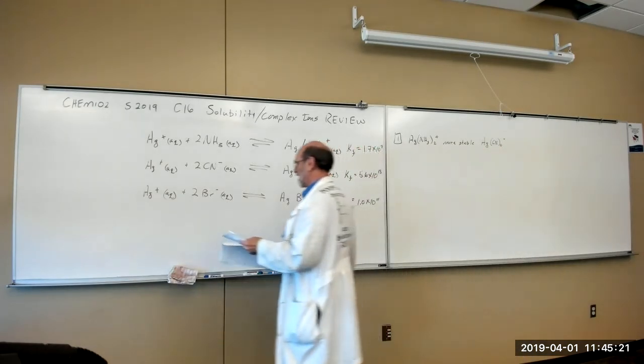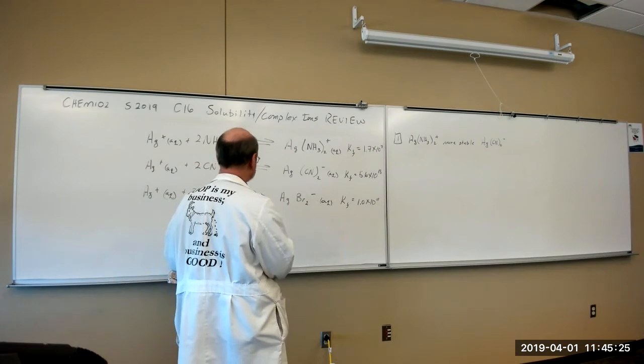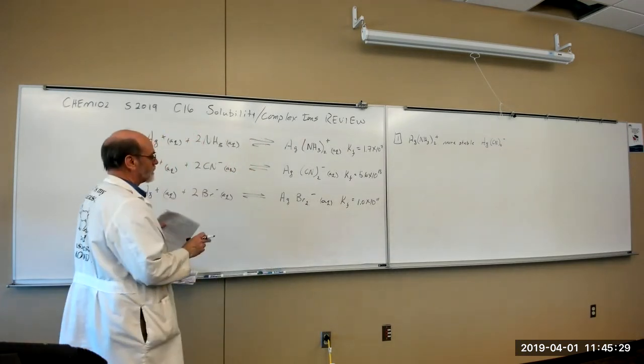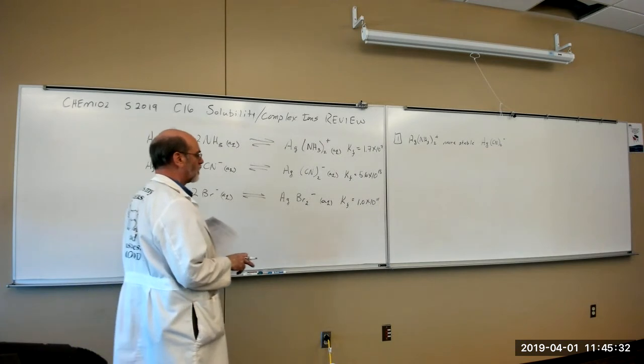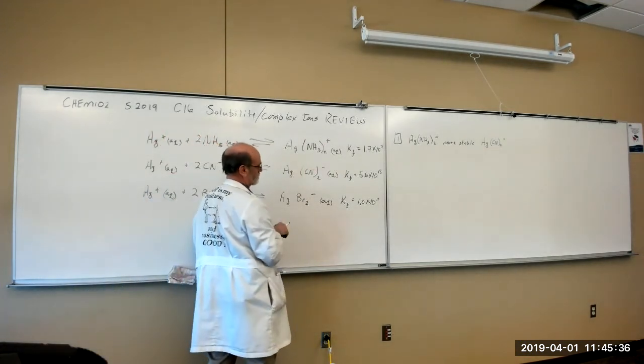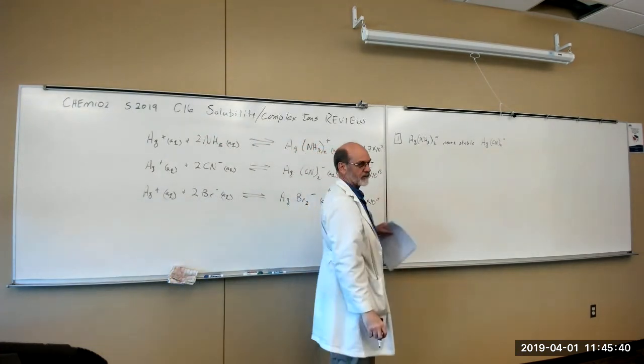So what do we mean by that? Well, compare the KFs. Which one has the greater drive to product? 10 to the 18th or 10 to the 7th?